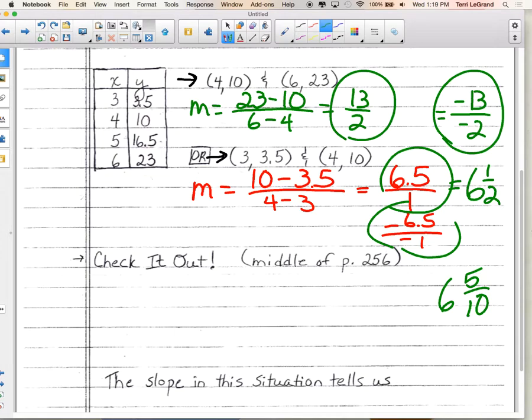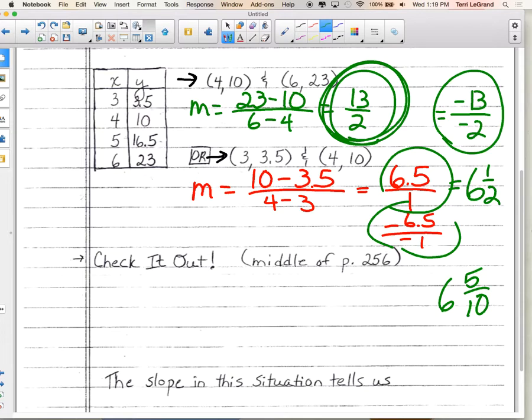Not just 6, no. The 13 over 2. The 13 over 2 is the way they're going to do this one. When it turns out like this, we're never going to leave it with 2 negatives in. A negative divided by a negative is a positive.